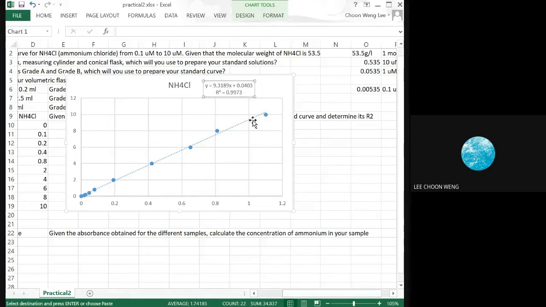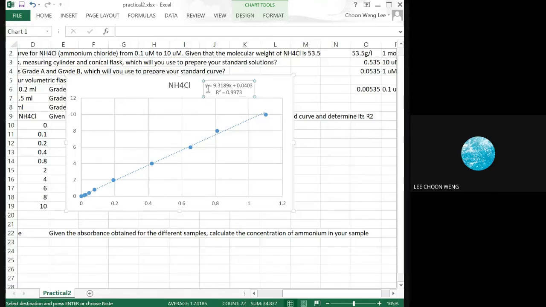So if your standard curve is prepared properly, your R squared is usually above 0.9. Of course, if it's 0.99 and above, it's the best. So this shows the equation that depicts the standard curve.